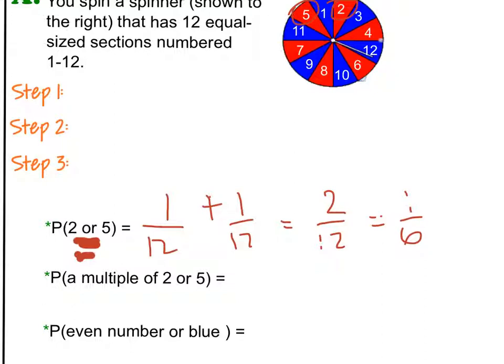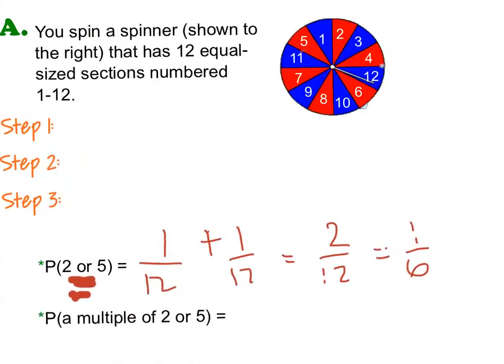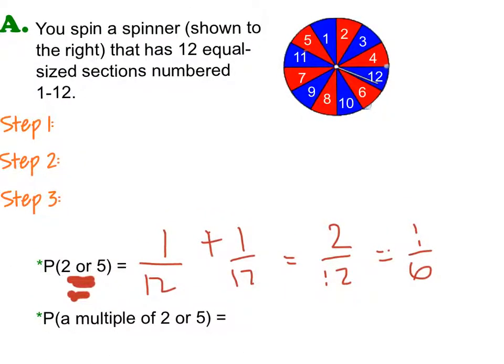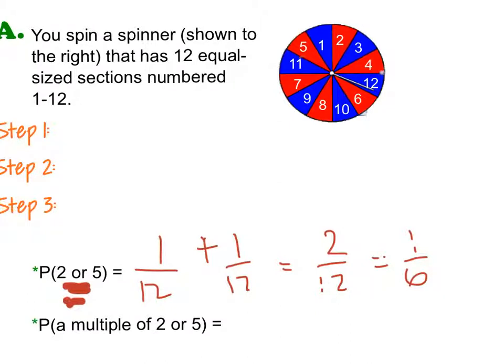Now you go through and do a multiple of 2 or 5. So the multiples of 2 are, and I'll put little dots on the outside for this one, we have 2, 4, 6, 8, 10, 12. There's 6 multiples of 2.